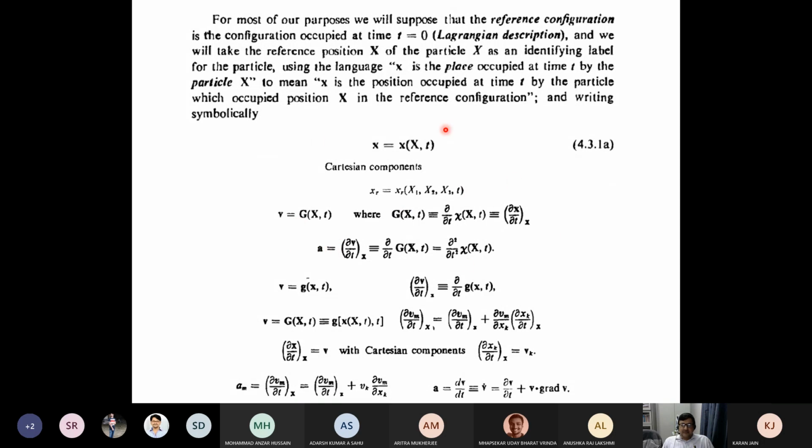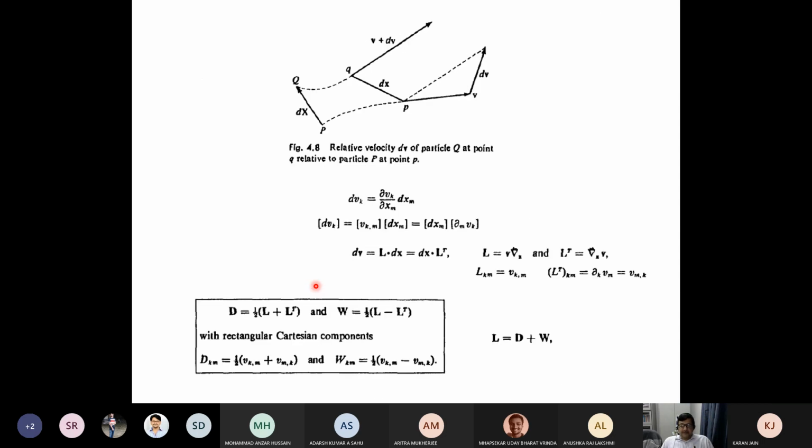The calculation of all the forces will happen within this framework, and this we called the Lagrangian description. Whereas you can also do the same analysis by expressing everything in the final configuration, and that description is called the Eulerian description. So this we are more or less comfortable with.